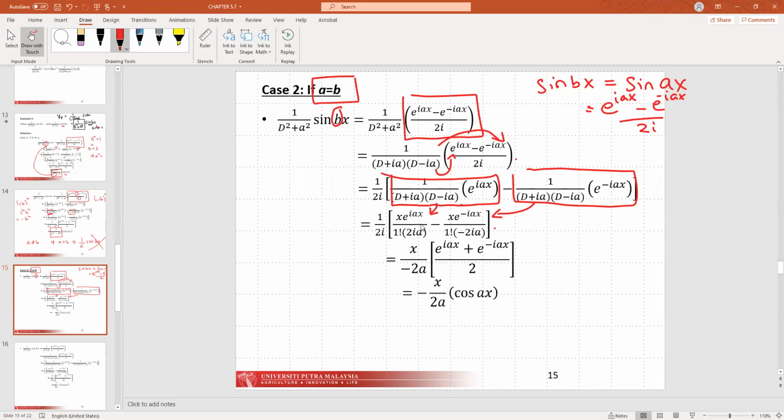So kalau saya contohnya kalau saya buat apa ni, kita try. So akan dapat X darab dengan e to the AIX minus dengan e to the AIX minus. Saya nak kembang, saya nak factorize yang ni dulu.